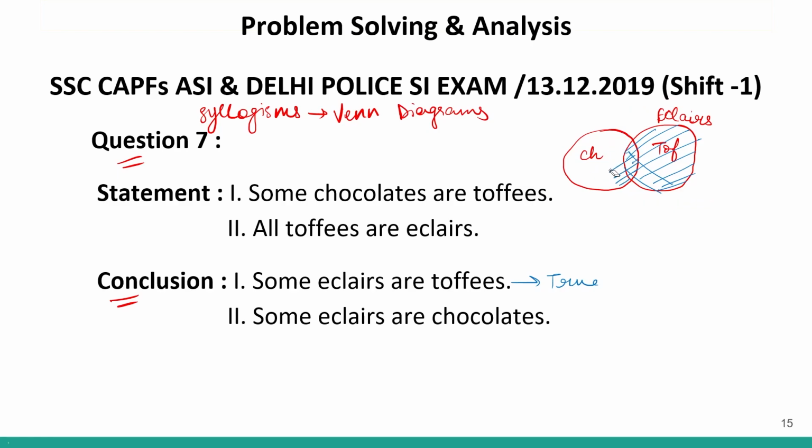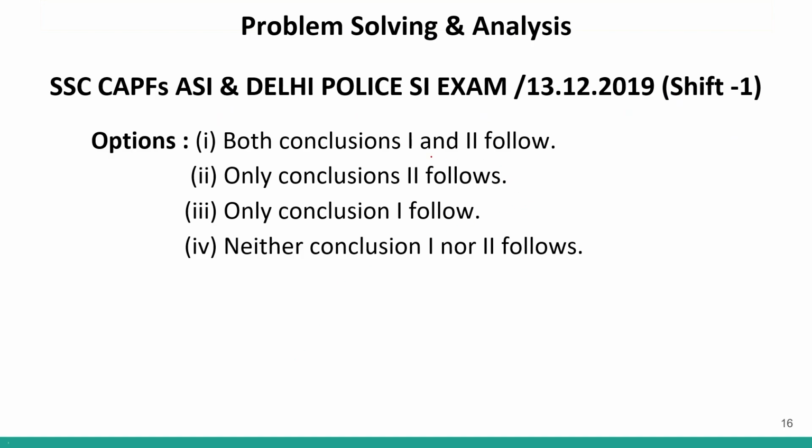Let me use a different pen to highlight this part. This part between eclairs and chocolate is overlapping. So this statement will also be true. So both my conclusions follow. So if you look at this, both conclusions 1 and 2 follow is given in option number 1. So option number 1 will be your correct answer.